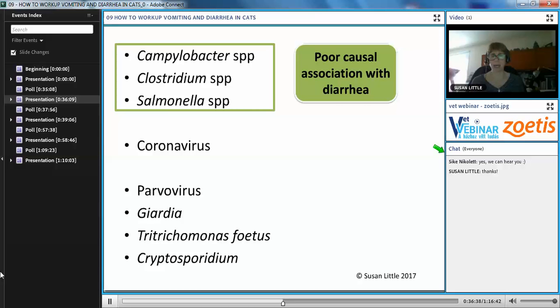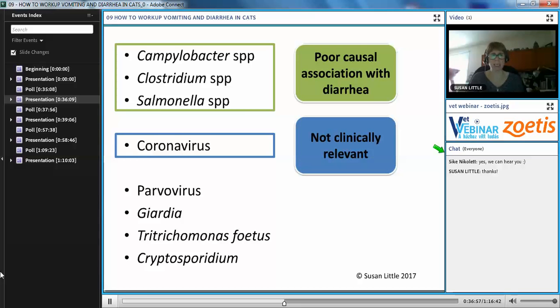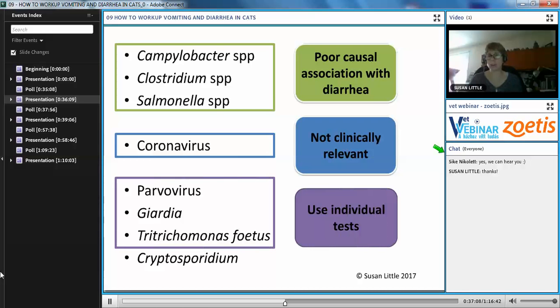The reason is that there's a lot of normal, healthy cats walking around that would test positive for these bacteria. So just because you get a positive test result doesn't mean it's the cause of the cat's clinical signs. We're going to talk a little bit more about this in a few minutes. So that's not always a very useful bit of information to get. Coronavirus is often on these panels, but it's not clinically relevant. It's not a cause of chronic vomiting or diarrhea in cats. So I don't care what that answer is.